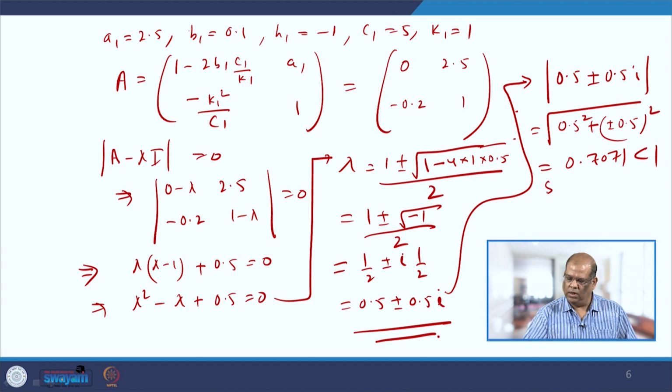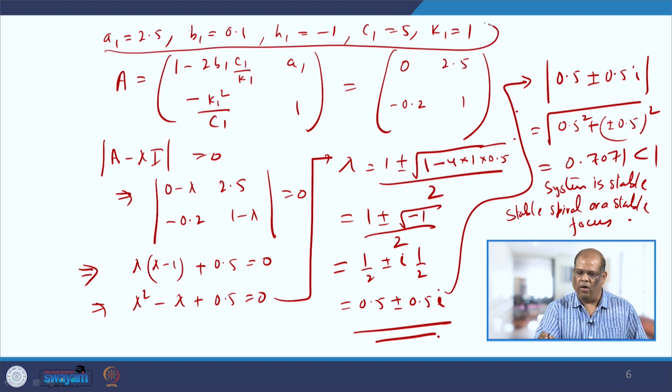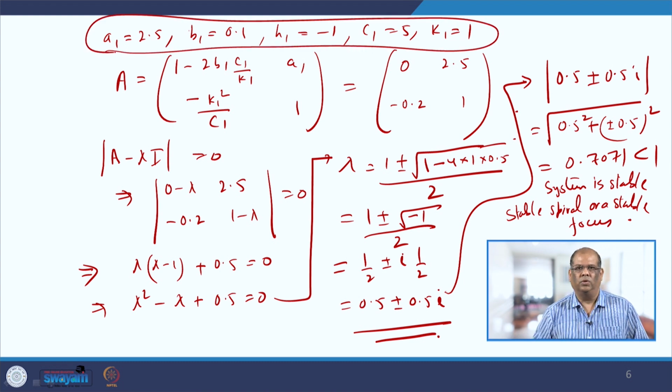So the system is stable, namely a stable spiral or a stable focus. So your price and demand model gives you a stable focus with this kind of parameter values.